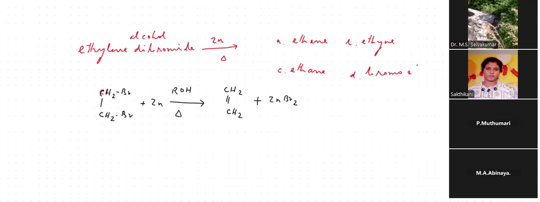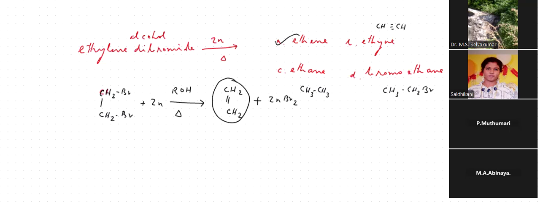Ethylene is ethene. Ethine means acetylene. Ethane, you know, is CH3CH3 or C2H6. Bromoethane is CH3CH2Br. So ethylene is also called ethene.